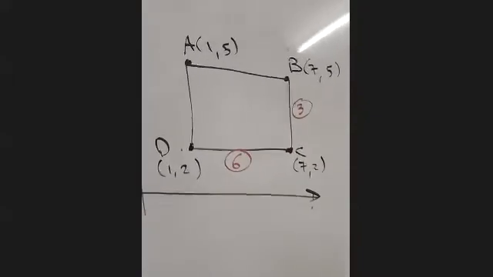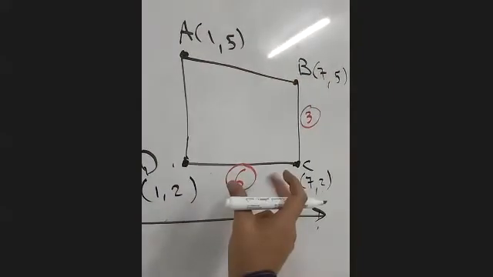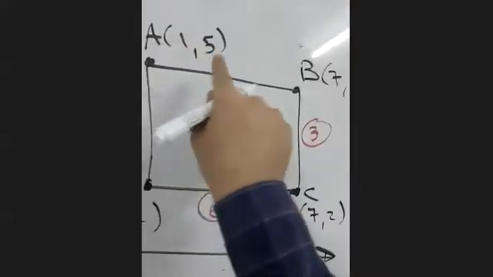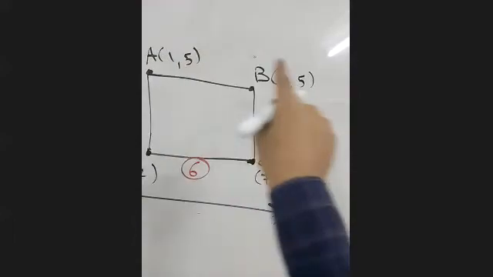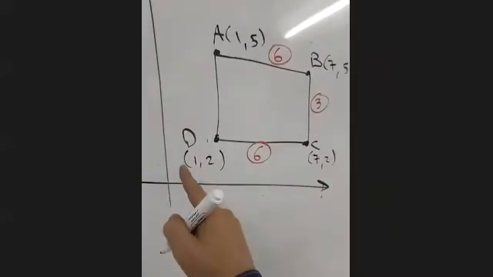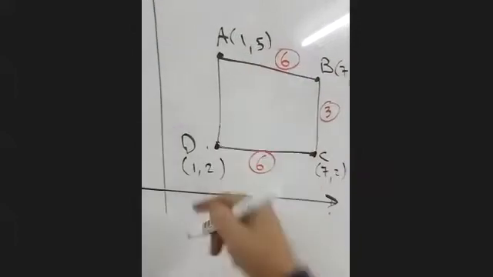In the rectangle, this is equal to this, but let's be sure. Here we have 1, 5 and 7, 5. We cross the 5s. 7 minus 1 is 6. And here we cross the 1 with the 1. 5 minus 2 is 3. Now we know all the side lengths.